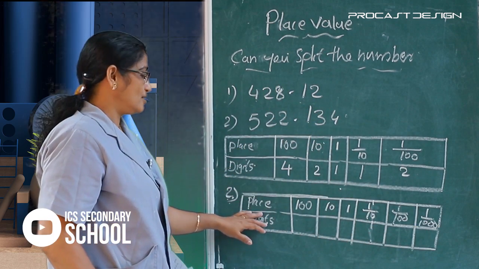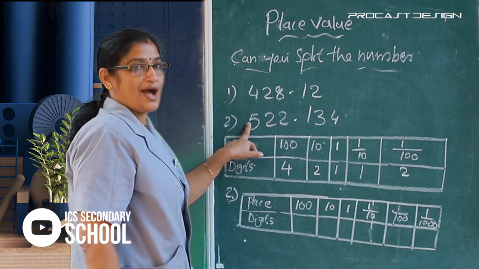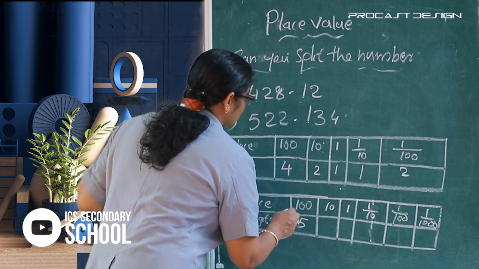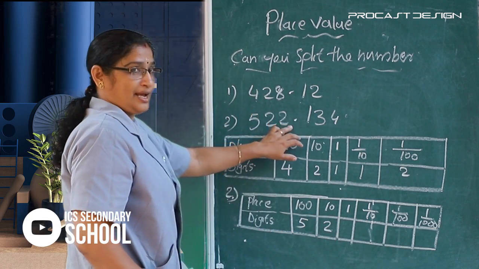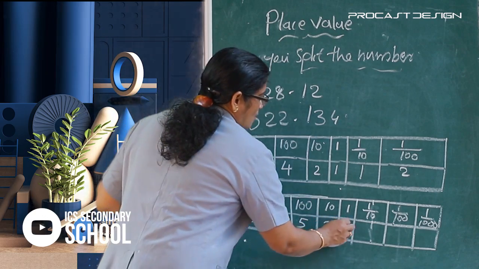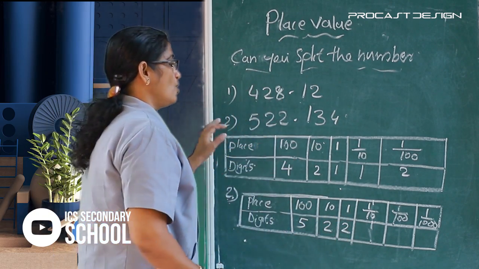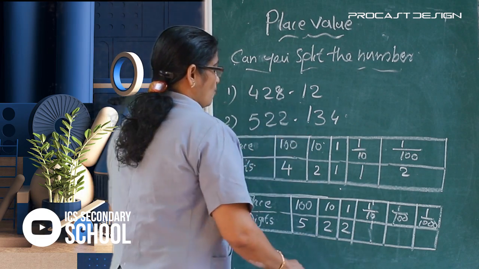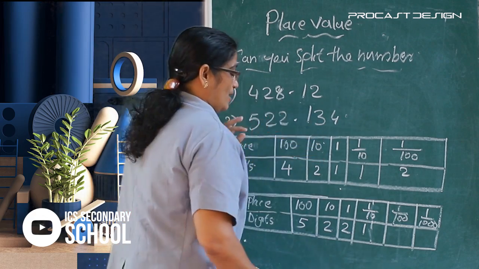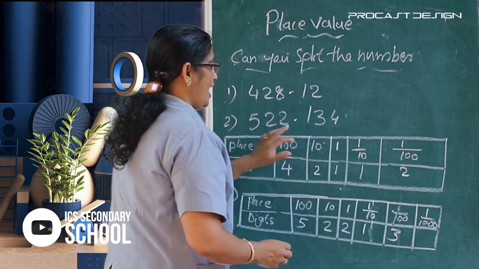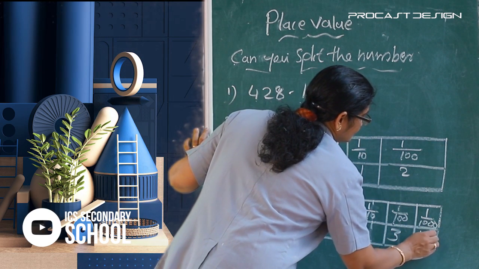Split the number 522. The place value of 5 is 100 place, 2 is 10 place, and 2 is 1 place. After the decimal point, 1 place is 1 by 10, 3 is 1 by 100, and 4 is 1 by 1000.